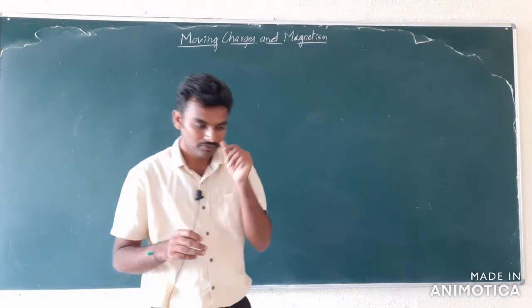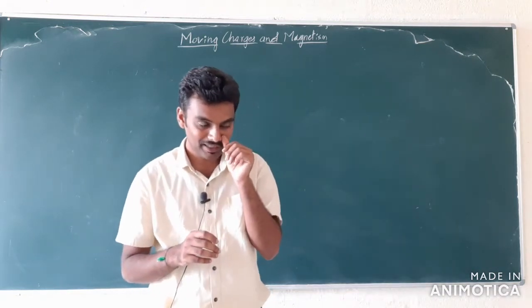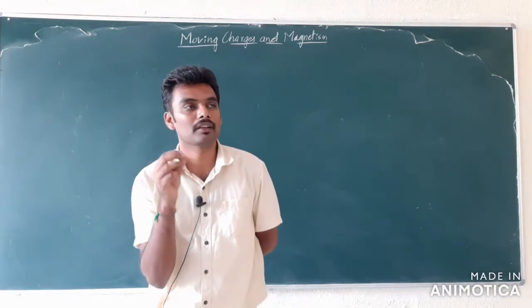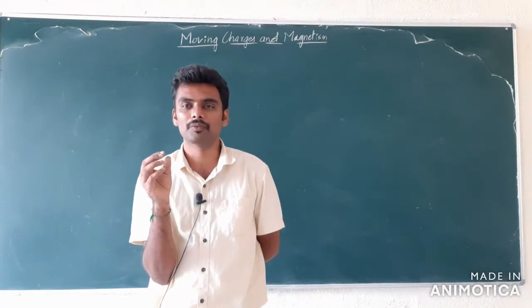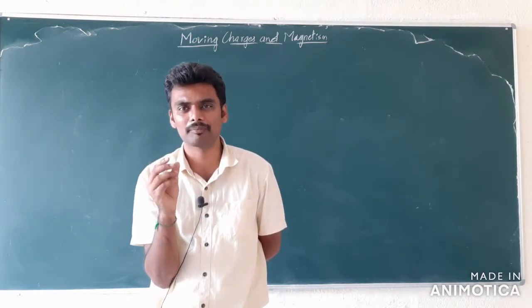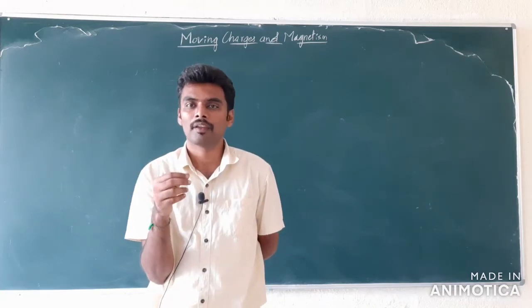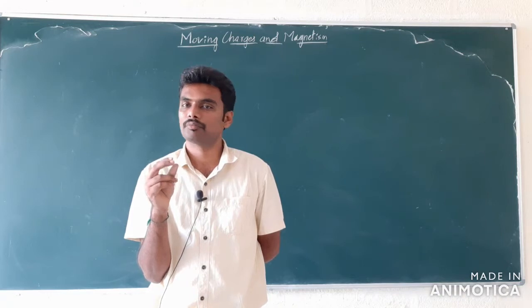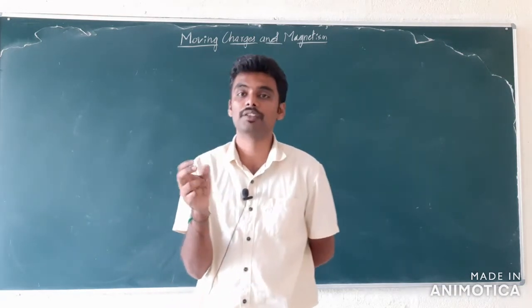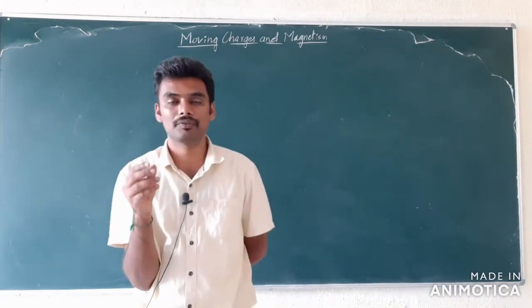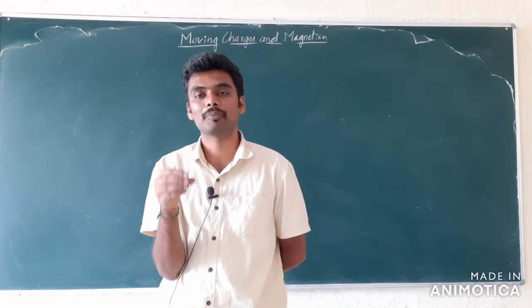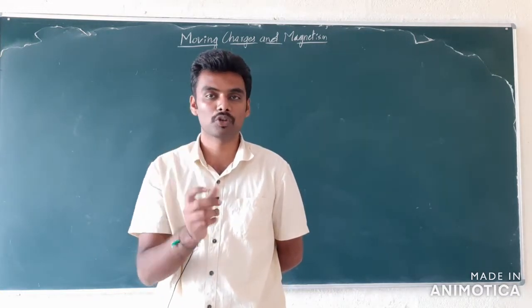So, if we think deeply, what is every atom made up of? Electron, proton, neutron. You know that, right? Proton and neutron will be inside the nucleus, and we will not be worrying much about their motion.